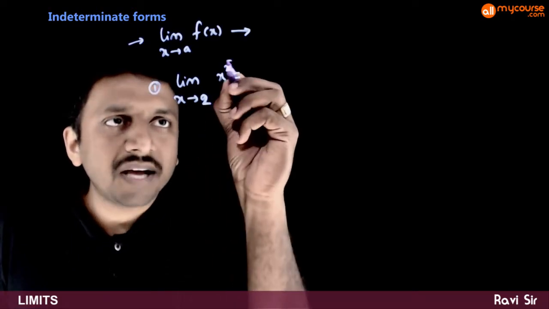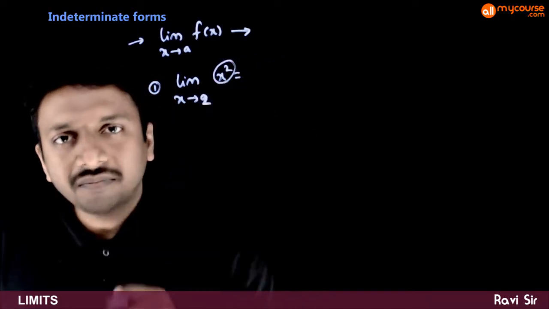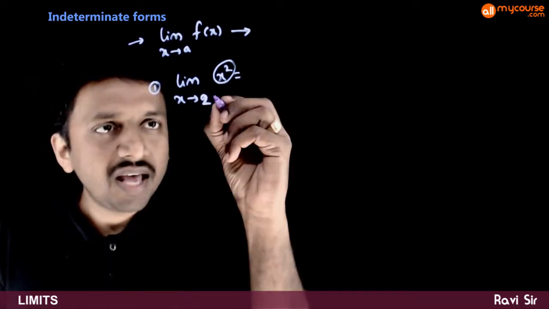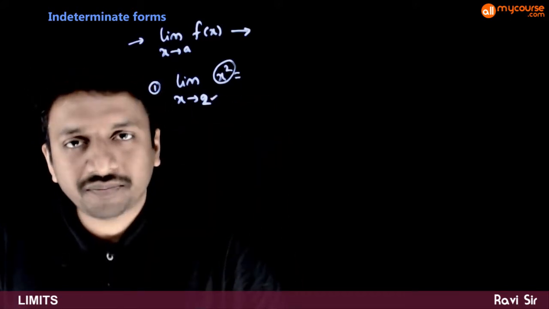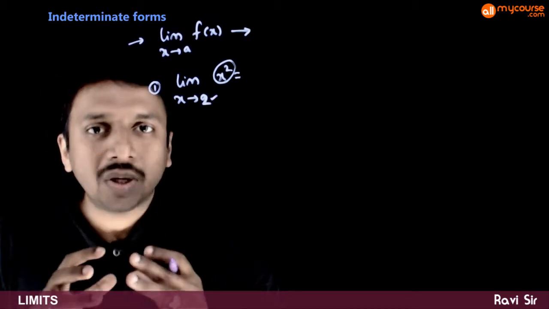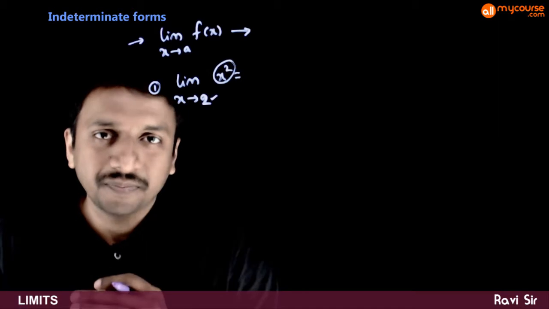Whenever the function you are given doesn't have any complications around this point, you can deal with it. In the chapter on functions, you have dealt with the graphs of basic functions.